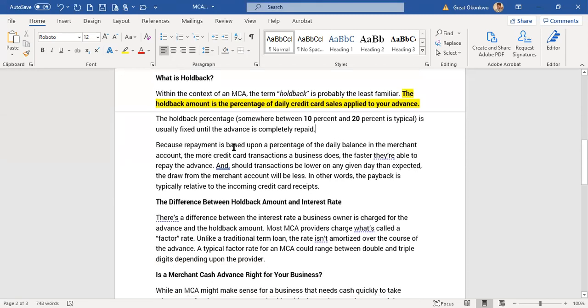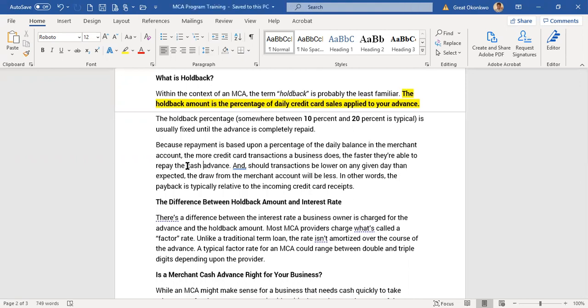So because repayment is based upon a percentage of the daily balance in the merchant account, the more credit card transactions a business does, the faster they are able to repay the cash advance. Does that make sense? So if they are not generating as much revenue, because it's a percentage, 10% of $100 is like $10, right?